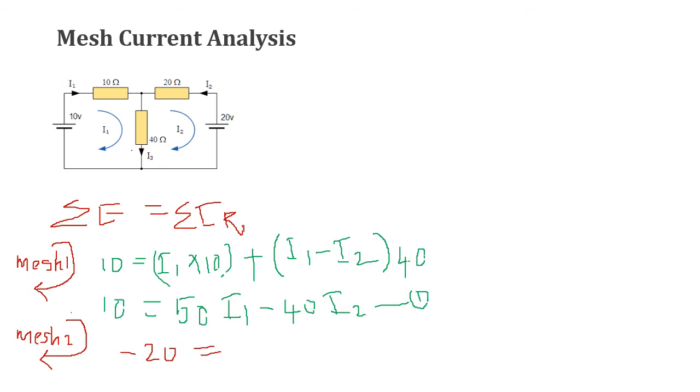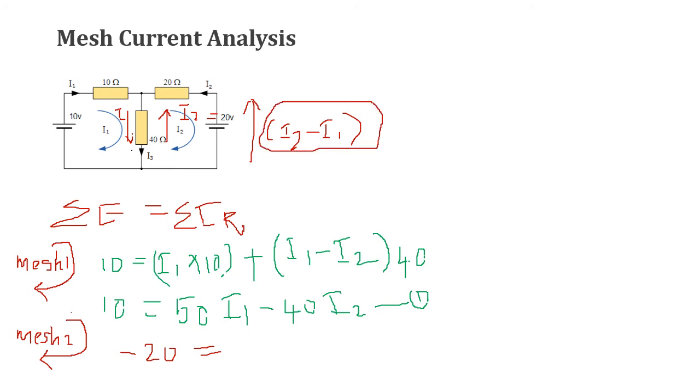Downward I1, upward I2. So the resultant current in the upward direction will be I2 minus I1. Now we have to substitute this value.